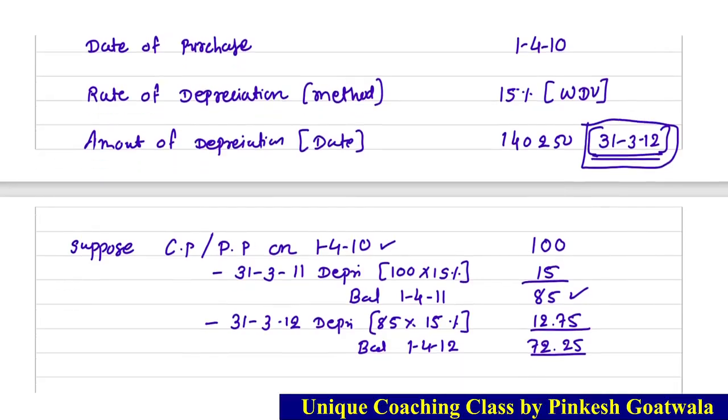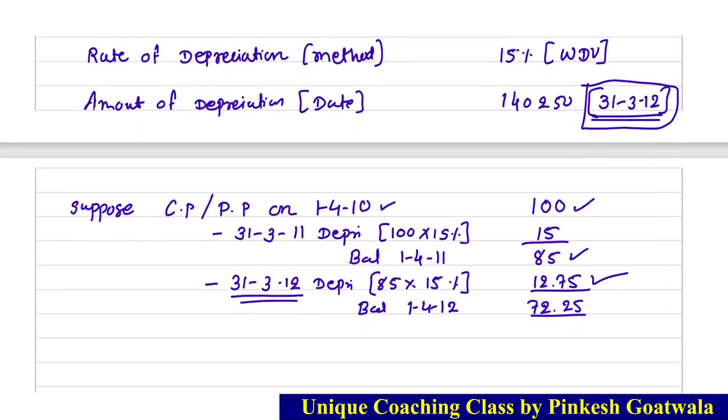As per our calculation, depreciation on 31st December is 12.75 and cash price is 100 on 1st April 10. On 31st December 12, if the balance is 72.25, as per this, on 1st April 10 our cash price is 100.